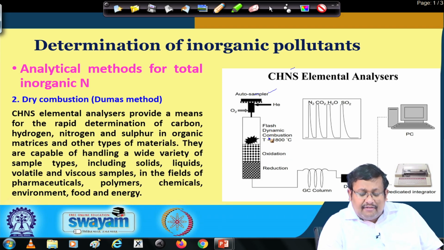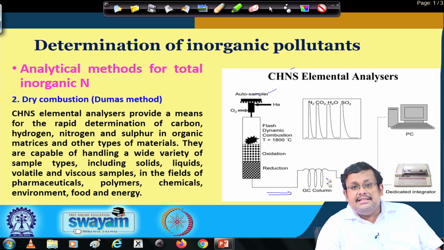After they oxidize, the nitrogen, carbon, hydrogen and sulfur convert into carbon dioxide, water vapor and also sulfur dioxide, and then this mixture of gases is circulated through a GC column or gas chromatography column.